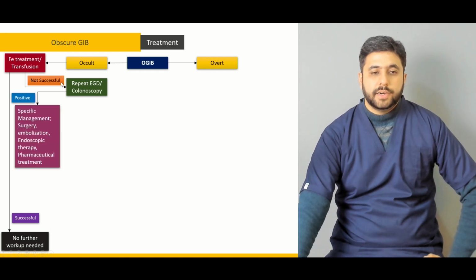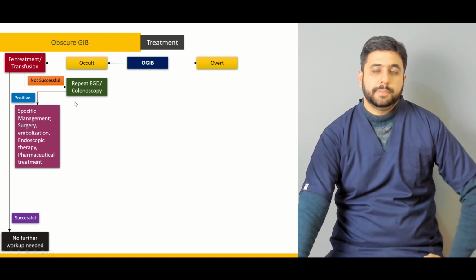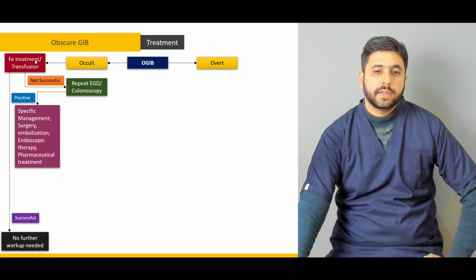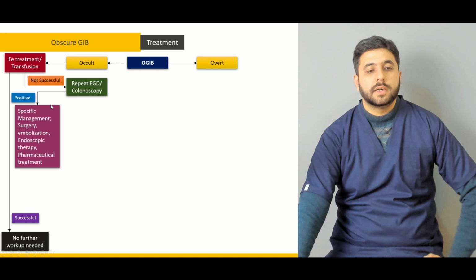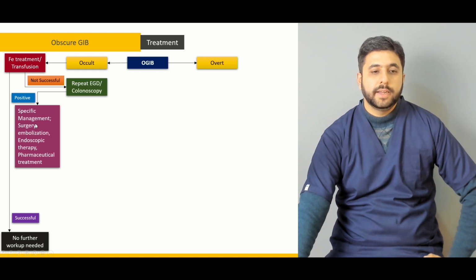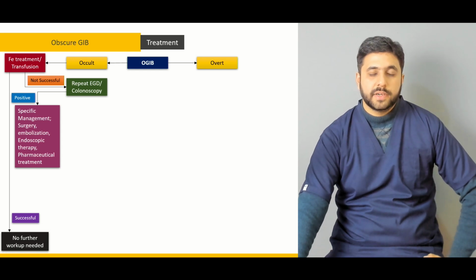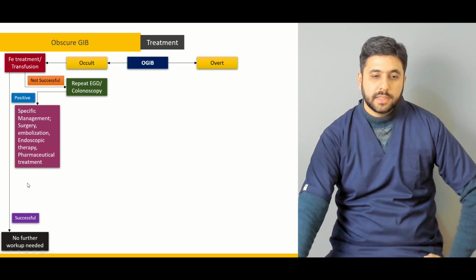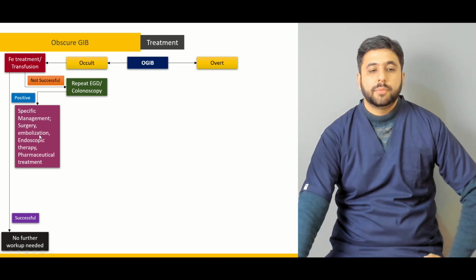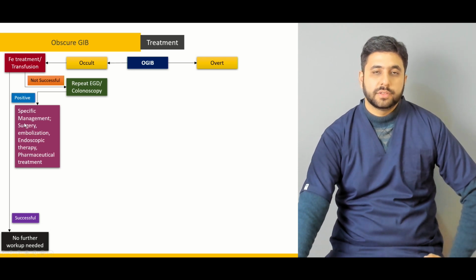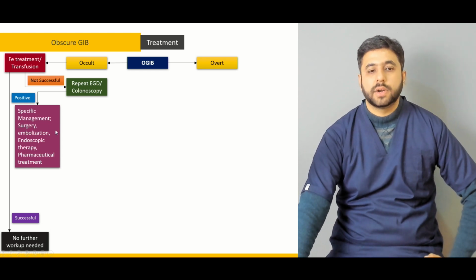If the iron treatment is not successful, and on repeat scoping the patient you find some positive area of bleeding, then this can be managed as in the previous slides, depending on the location of the bleeding, whether this is an upper GI or a lower GI bleed, whether we need to manage it with the help of a scope if it is manageable, or medical therapy, or embolization with the help of an angiography, or surgery in patients in whom the angiography or the endoscopy does not help.